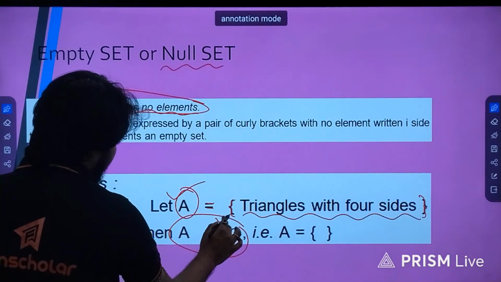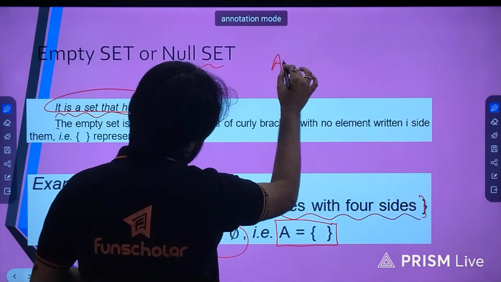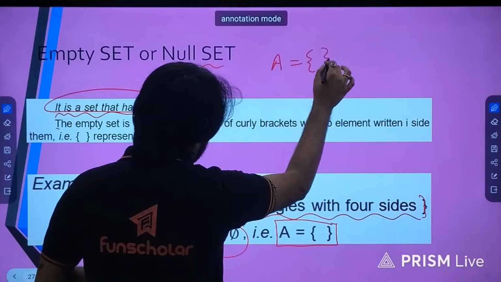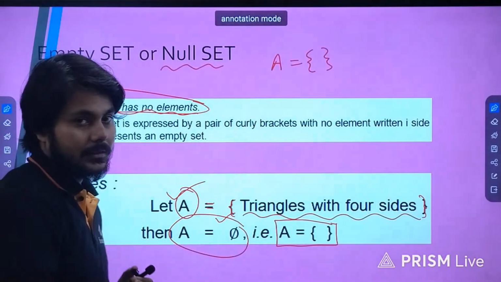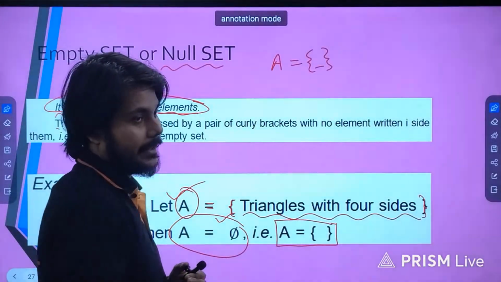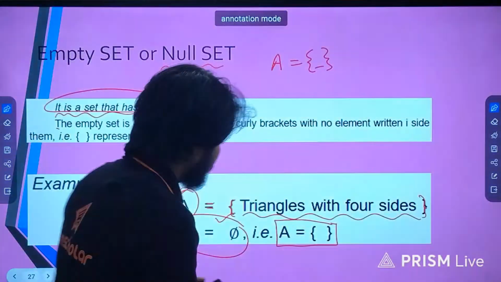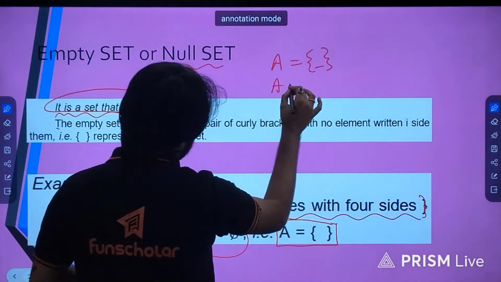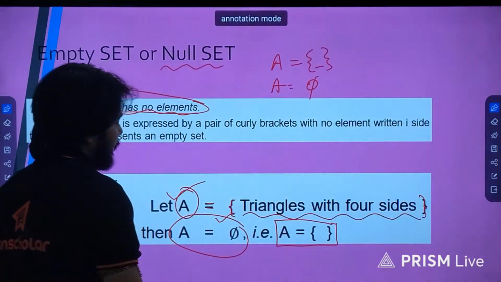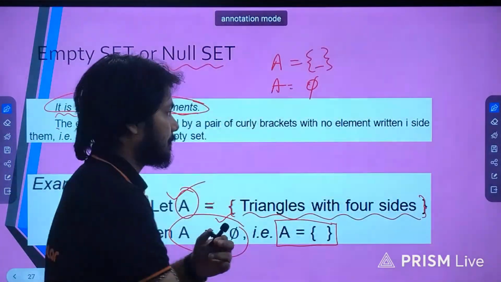Either we can represent by this, or we can write a particular set equal to curly brackets. As you can see, there is no element inside the curly brackets. That means this will be considered as null set. This is 5.